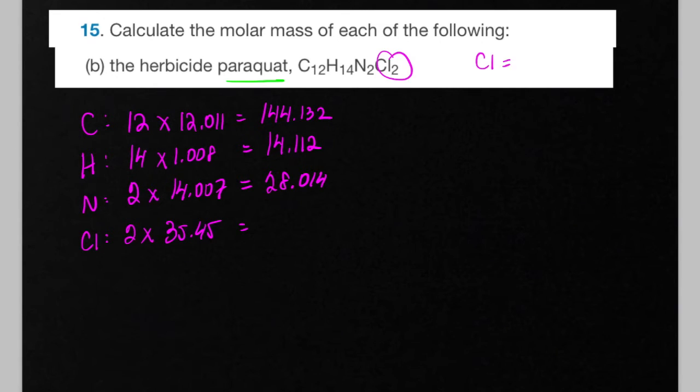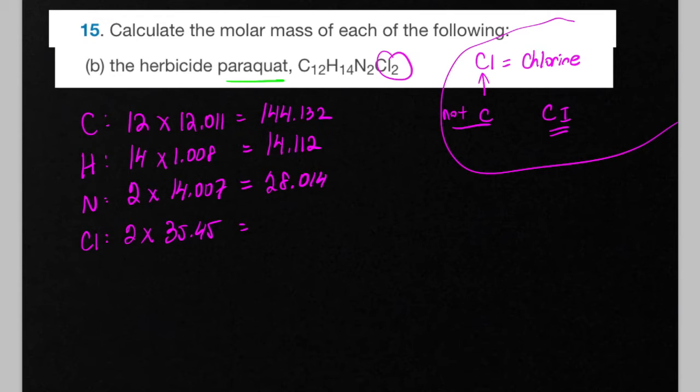Now I just want to mention again that Cl is chlorine. It's not carbon, so that's not carbon. Okay. If you did have C capital I, it would be in a font that looked like that. That would be carbon and iodine. So that's just a side note there.